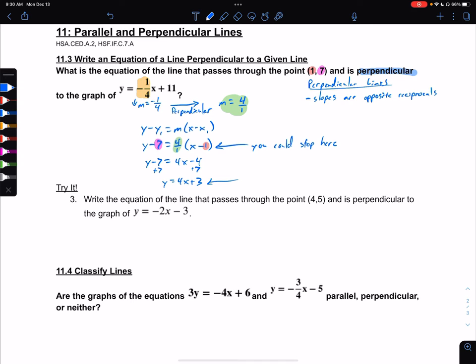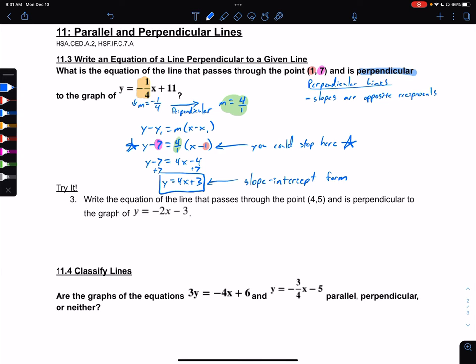But note that most times they are going to ask you for the slope-intercept form, so it is good practice to do that. So I would suggest you always write them in slope-intercept form. But based on them just saying what is the equation, they don't give you a specific one, you could stop at this spot here.